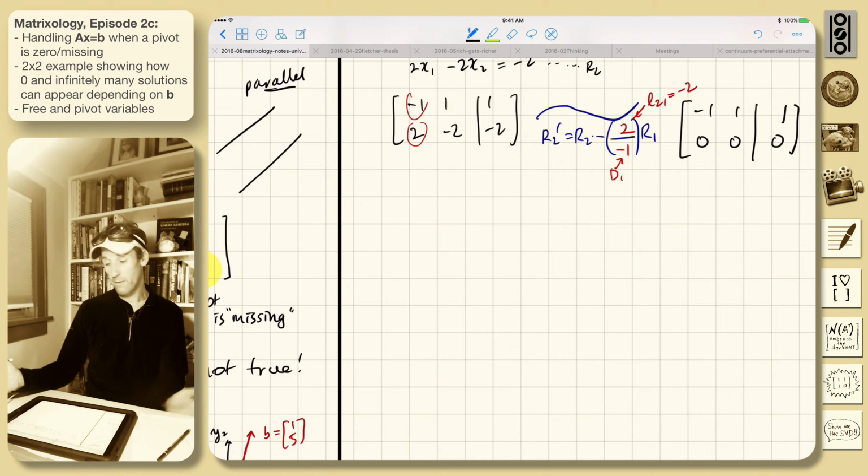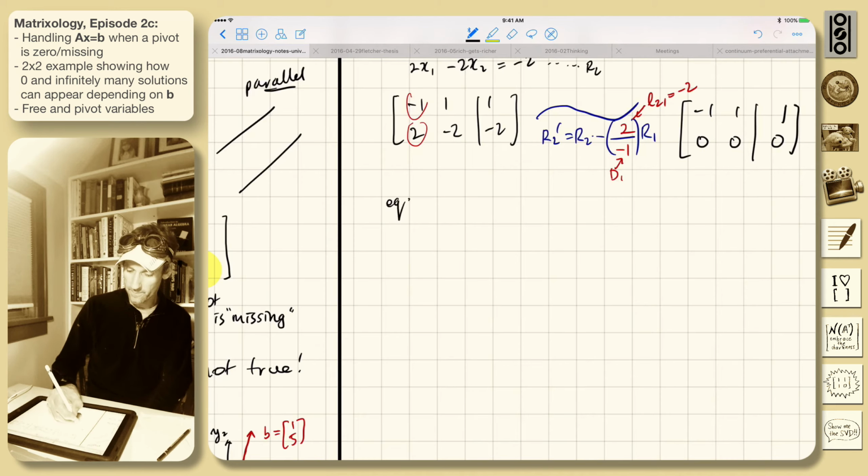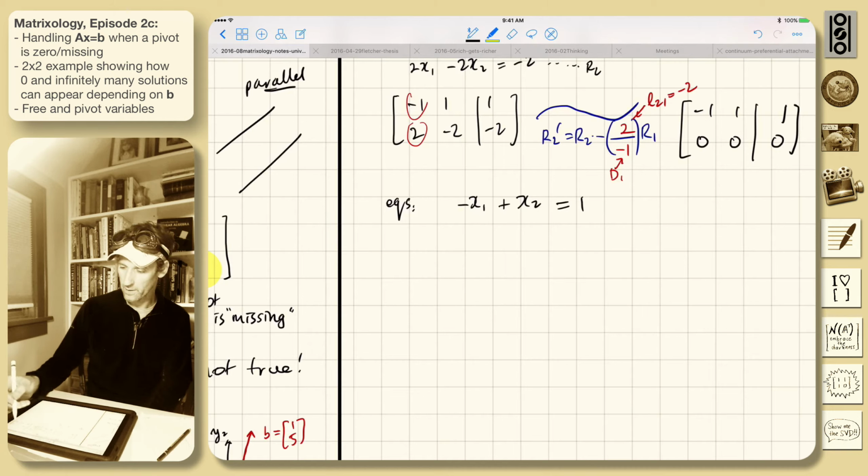So what's up with this? All right, let's go back. The equations: minus x1 plus x2 equals 1, we're just reading off the top line there. And then the second one is 0 equals 0.